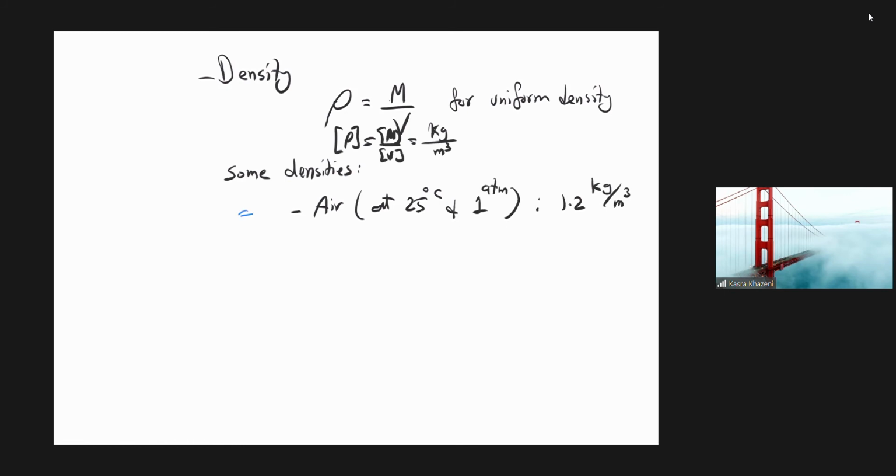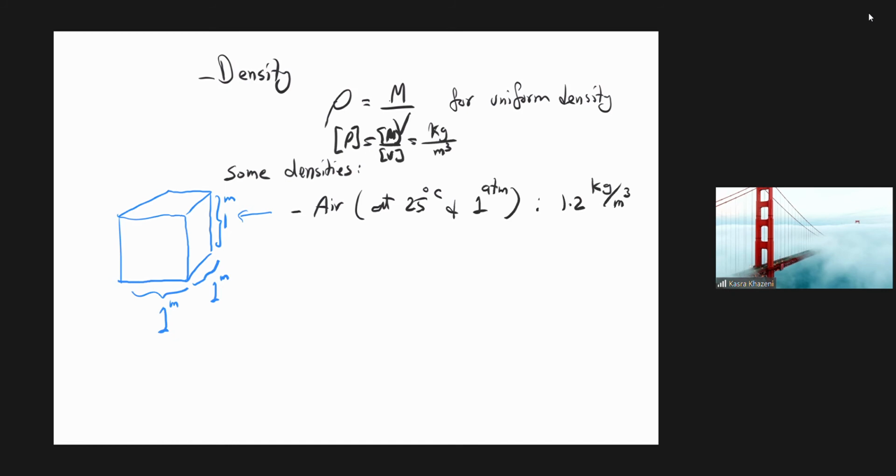What this means is if I had a cube that had 1 meter on each side of it, okay, so that's a 1 meter cubed, because 1 times 1 times 1 is just 1, and meter times meter times meter is meter cubed.